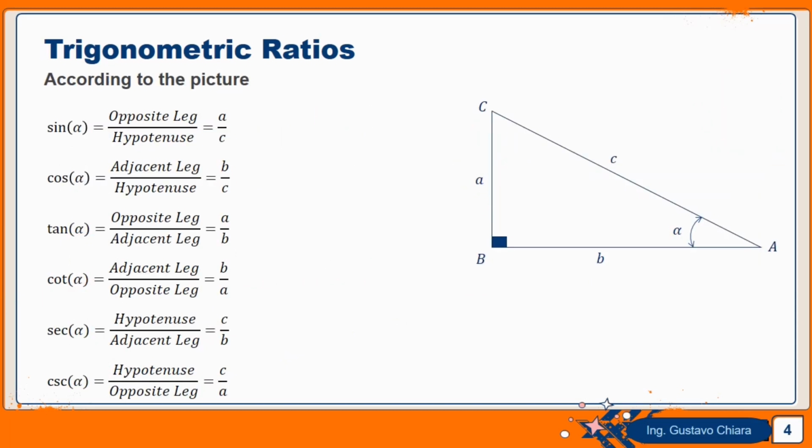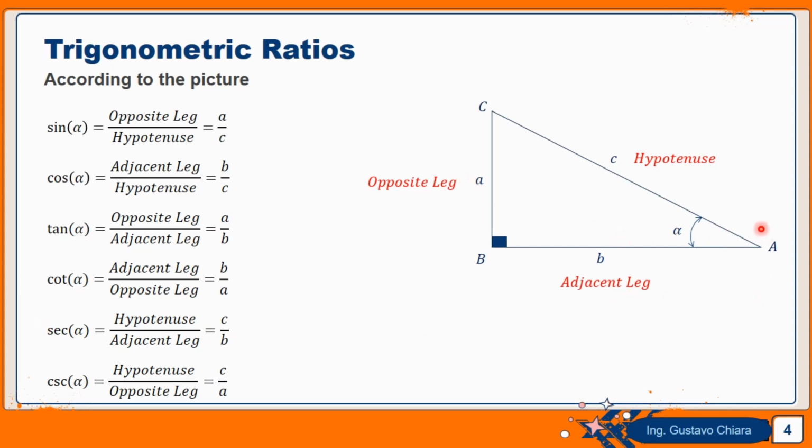Trigonometric ratios. Well, according to the picture, and taking alpha as a reference, we define the 6 ratios. The first one, the sine function, is defined as the opposite leg divided by the hypotenuse, and is equal to A divided by C, as you see in the picture.